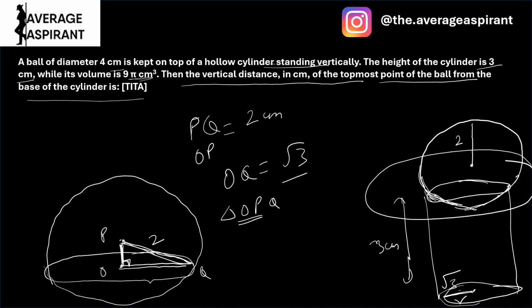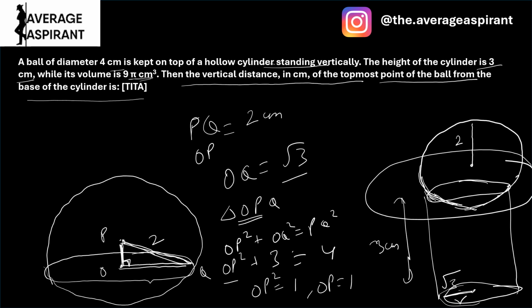If you know about the Pythagoras pairs, 1, root 3 and 2 is a Pythagoras pair. If you don't remember, that's completely fine. Just apply Pythagoras theorem. So you will get OP square plus OQ square is equal to PQ square. PQ is 2, this is 4, OQ is root 3, this is 3, OP is OP square. So OP square would be 1 and OP would be 1.